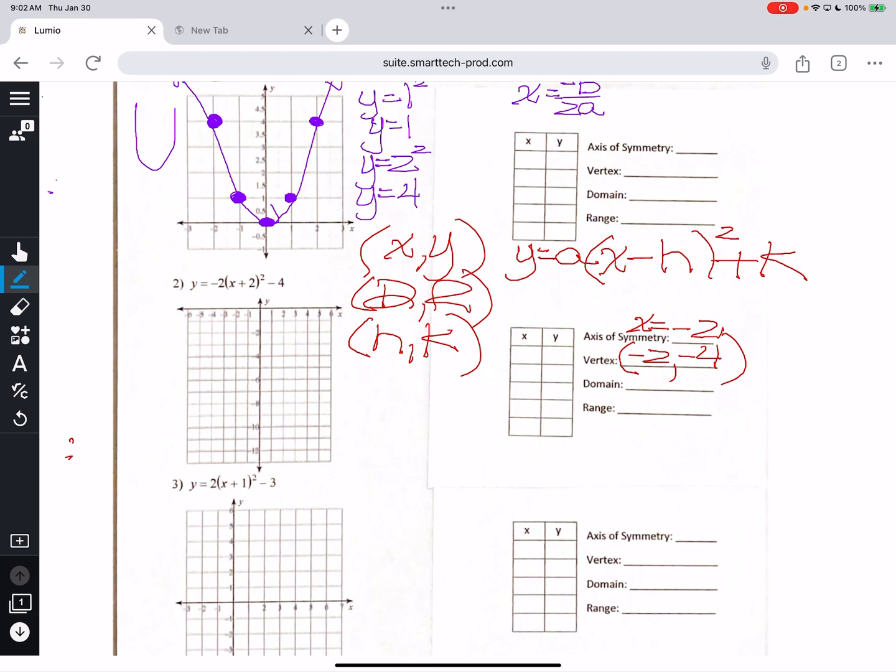Exponent. But we're squaring a binomial. What does that mean we're going to do to it? Foil it. Yes! Look at you. We're going to foil it. So, x plus 2, x plus 2. It's not x squared plus 4. Okay? We'll have x squared plus 4x plus 4. Then what do?